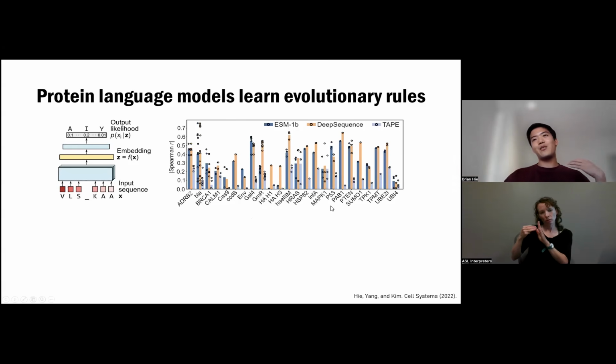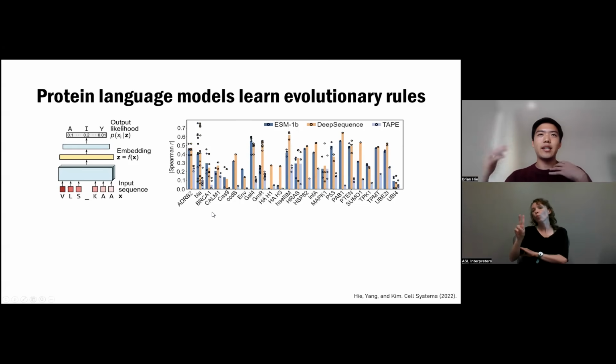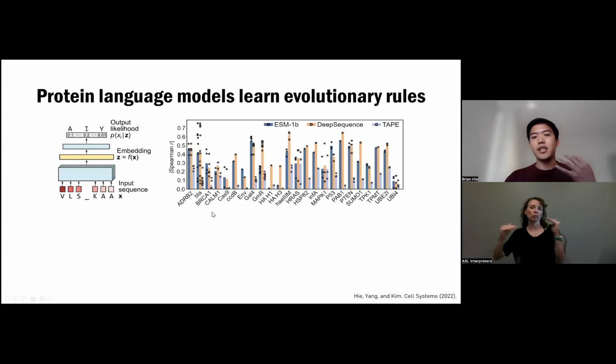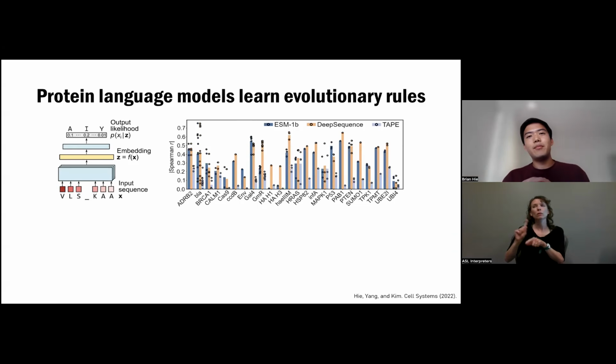There's been a lot of work following this. So this is a language model, ESM1b, from a team at Facebook AI Research. The same team also has a model, ESM1v, that outperforms ESM1b at mutation effect prediction tasks. There are also other more recent models.